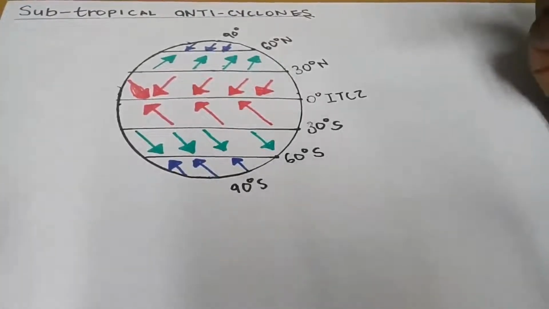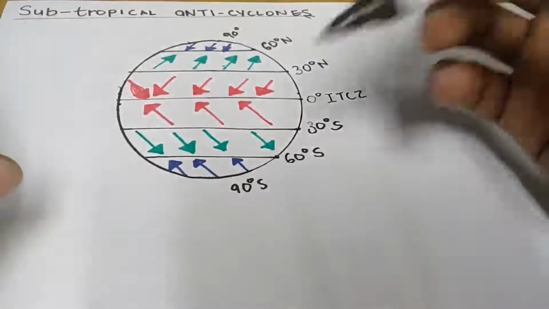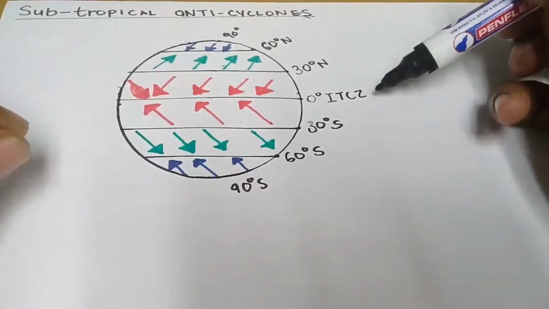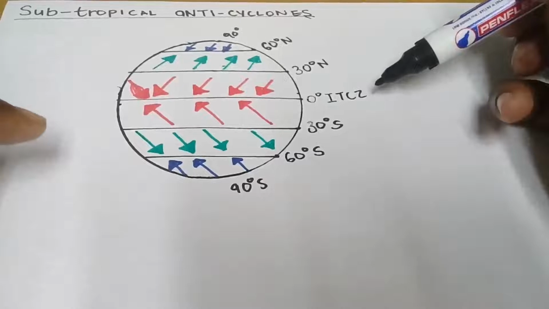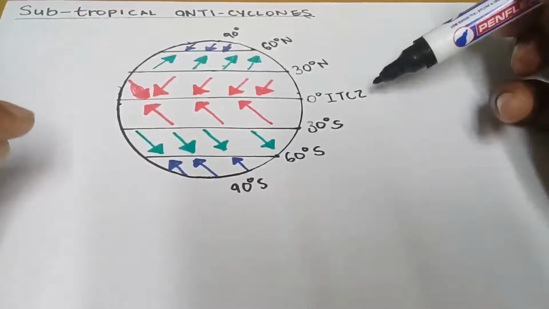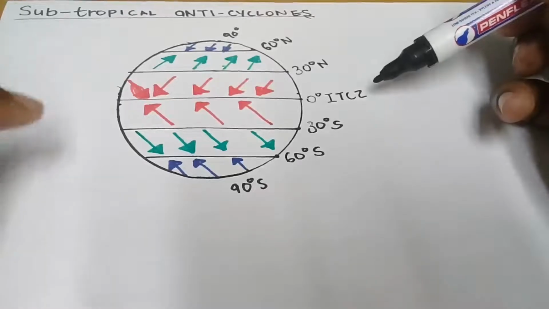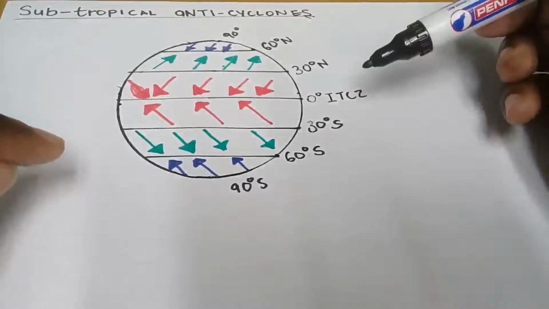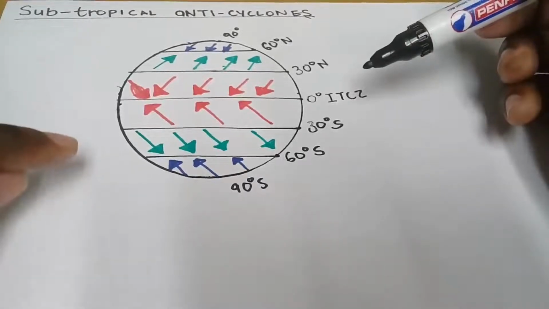This is the ITCZ, the intertropical convergence zone. It is served by tropical easterlies, which come together with a force of converging. That's why it is called a convergence zone.